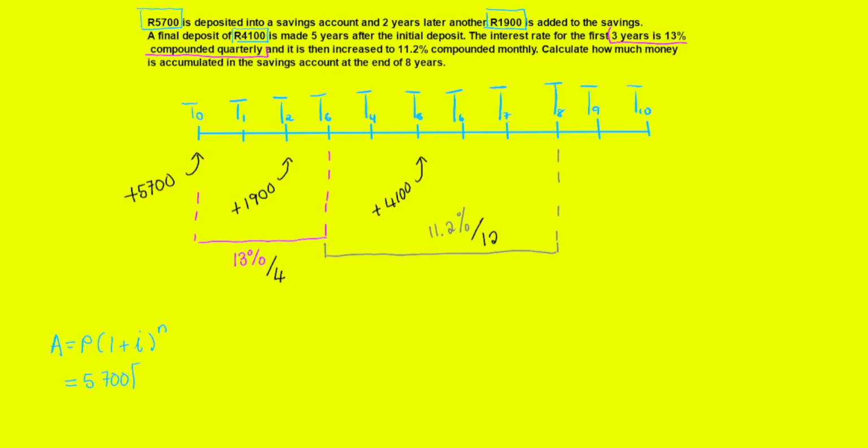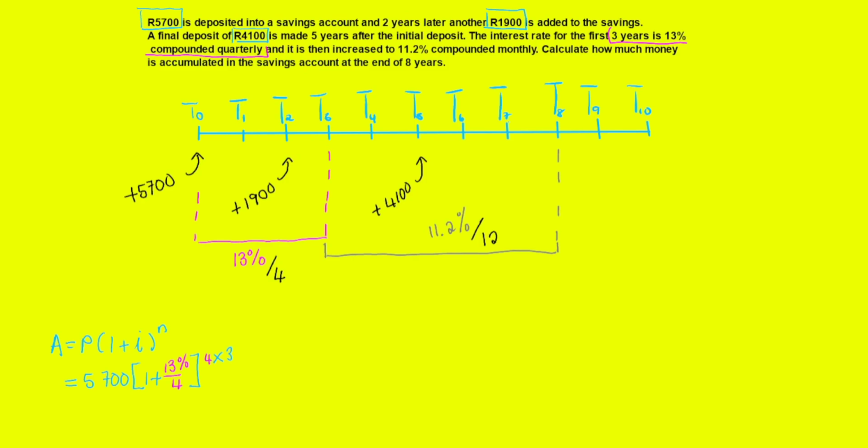5.7 was actually affected by two interest rates. The first one would be the 13% compounded quarterly. You divide by 4 and then you raise it by 4. But for how many years? Well, this interest rate was only in the timeline for 3 years.